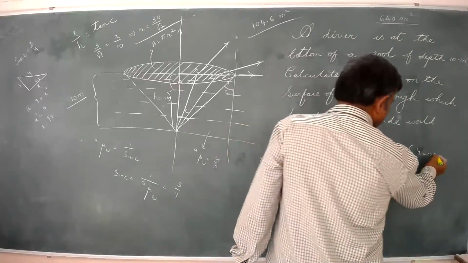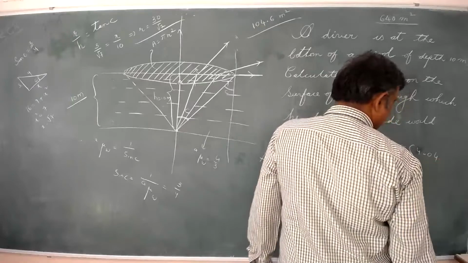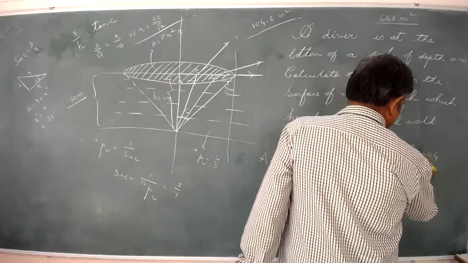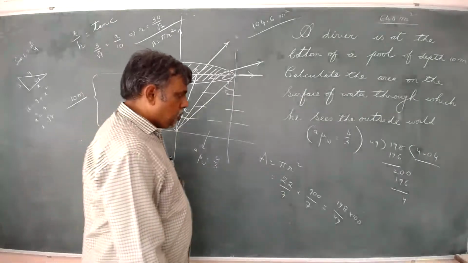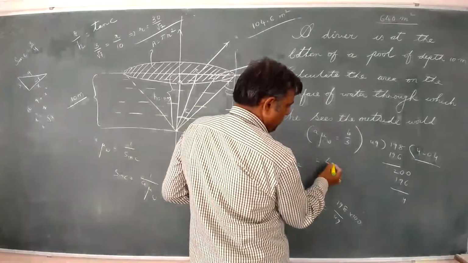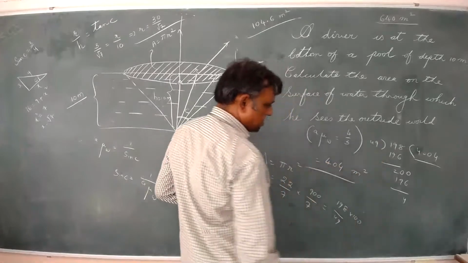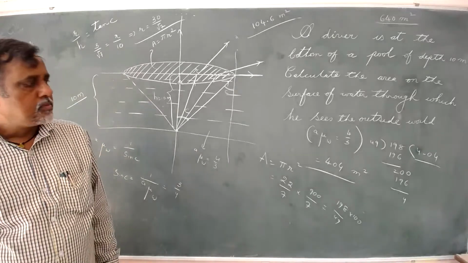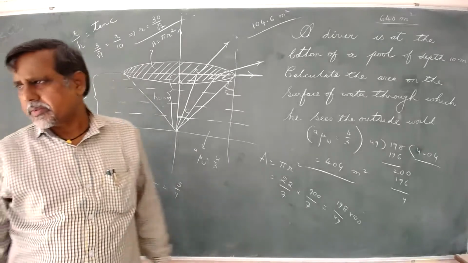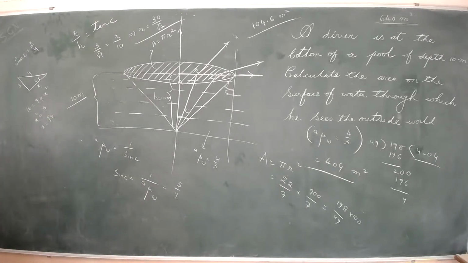Now again 4 times, 196. So like this, 4.04 you will reach. 4.04 into 100, 404 square meters. I got this one.